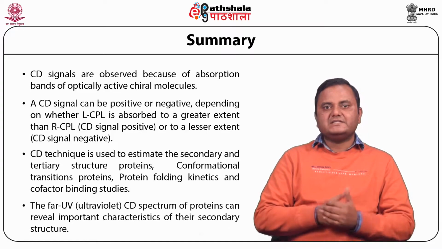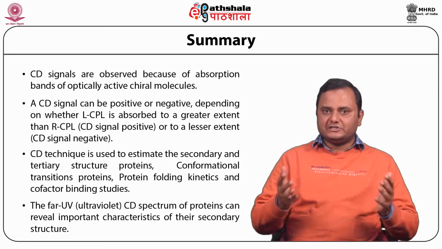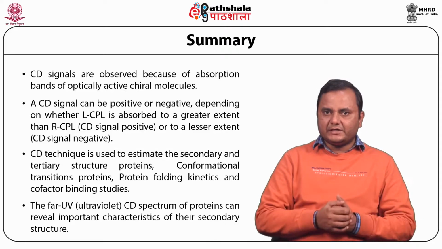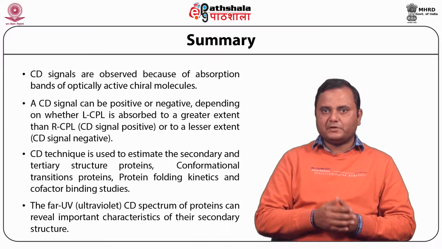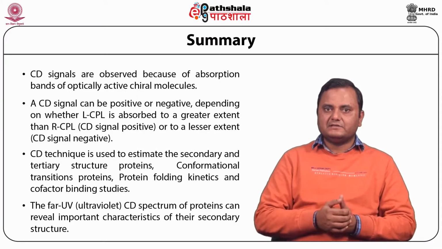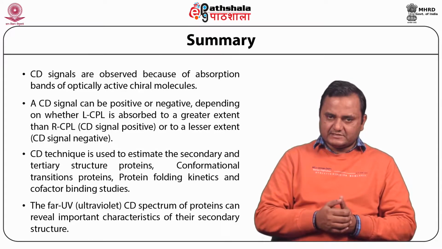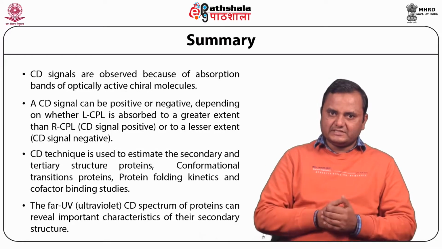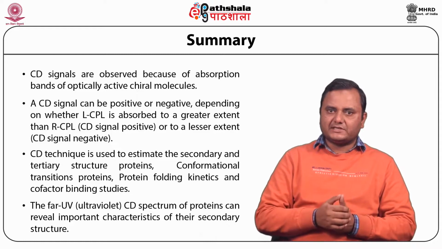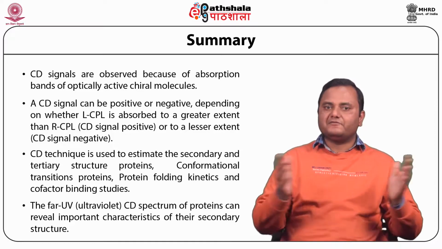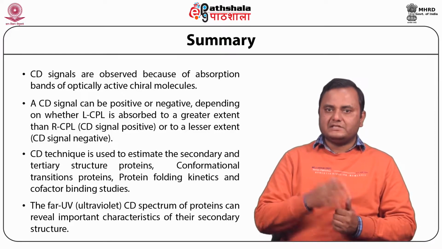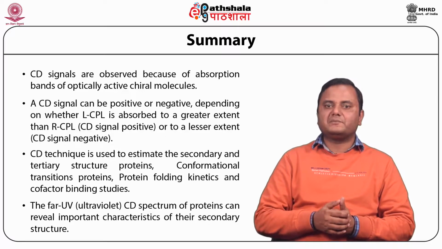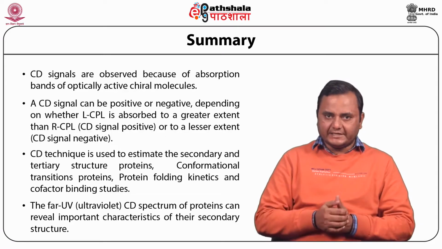The near UV CD in the region of 250 to 320 nanometer gives important characteristic features and information about the tertiary structure of the protein, and the far UV CD spectrum gives you the information about the secondary structure content.